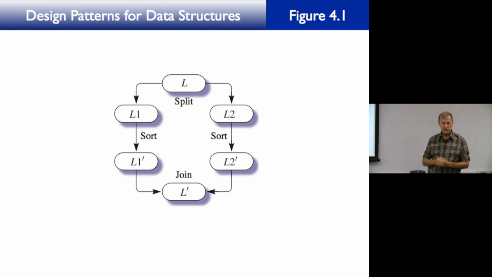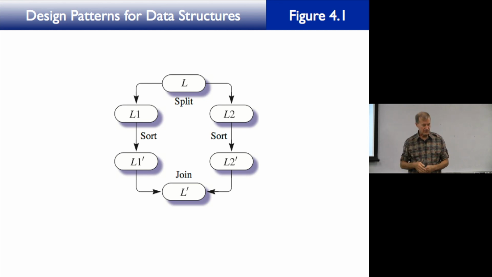And then the way sorting works is you split the list into 2 sublists. On the left, L1 is one sublist, and L2 is the other sublist. Then you recursively sort each one of those sublists. So L1 prime is L1 sorted, and L2 prime is L2 sorted. Then you join these 2 lists together, and L prime is the join of L1 prime and L2 prime.